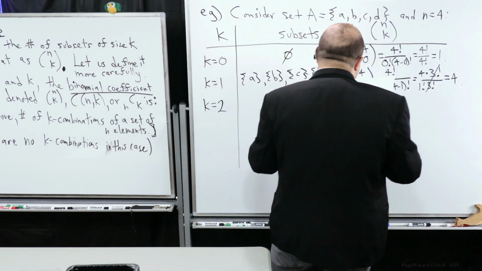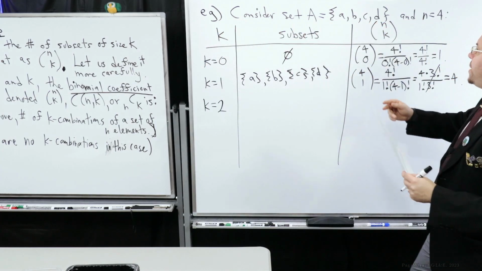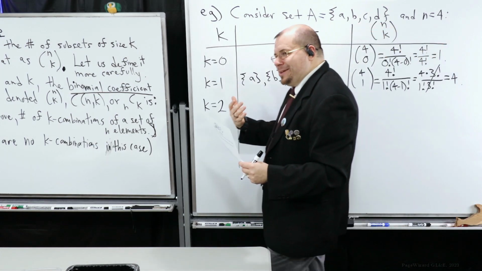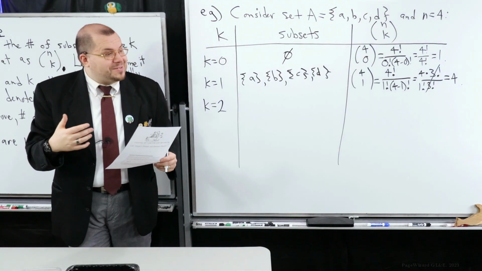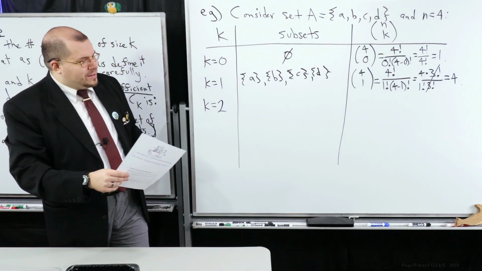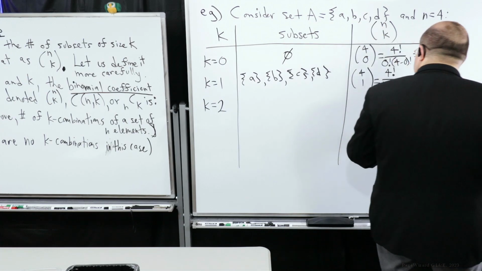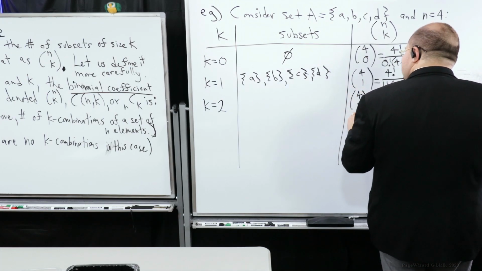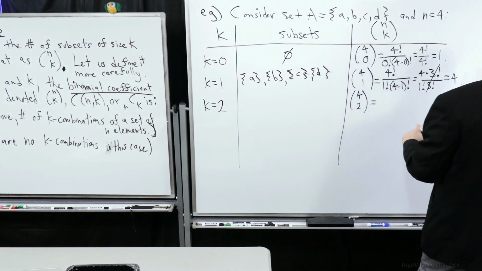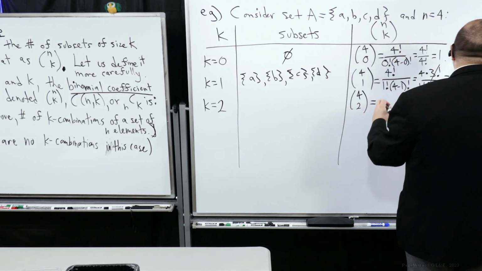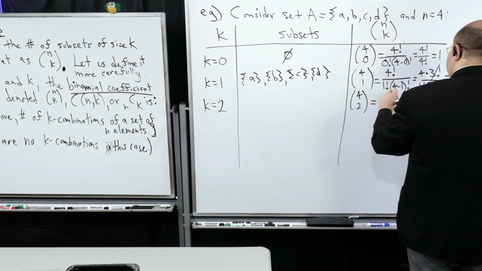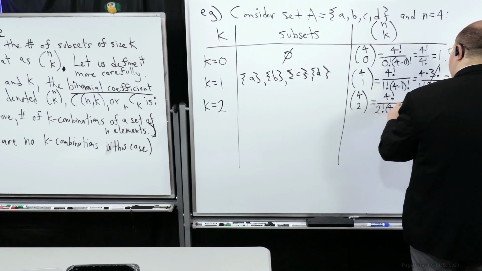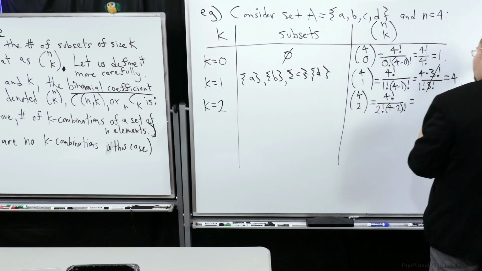In this case, we're going to pick off 2 elements from set A, and we're going to see how many we can do of this. How many subsets of size 2 are there? I'll calculate this out first, and I'll let you think about what the list of subsets would be. So I have 4 factorial over 2 factorial times 4 minus 2 factorial. I'm going to use the same trick as before.